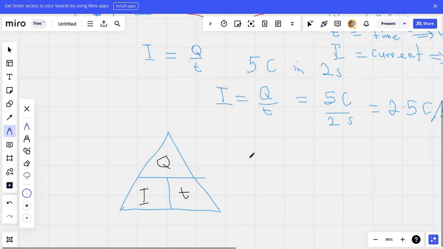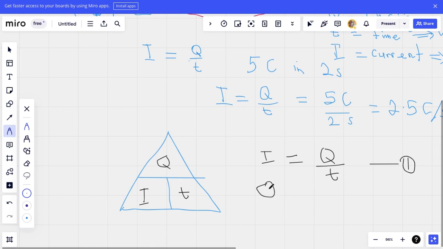So here we can derive three formulas from this triangle. The first formula is for current. Current is charge over time. The second formula, we can call this equation 1. The second equation is that of charge.